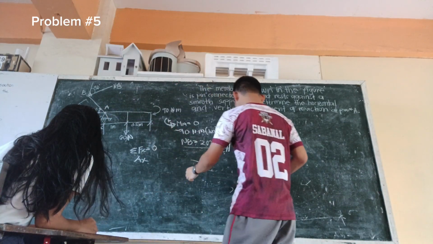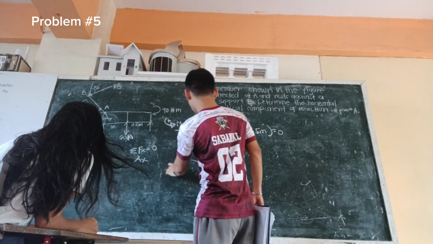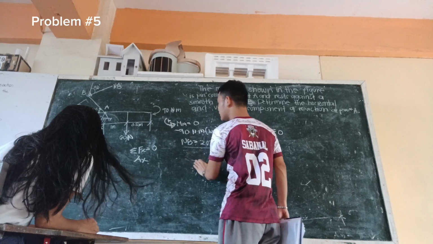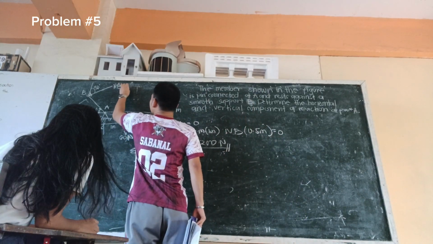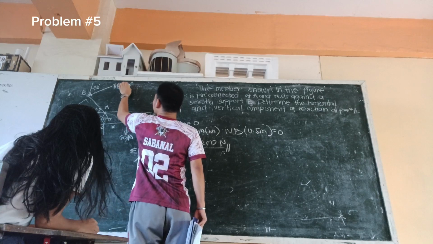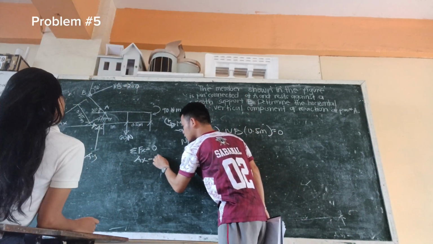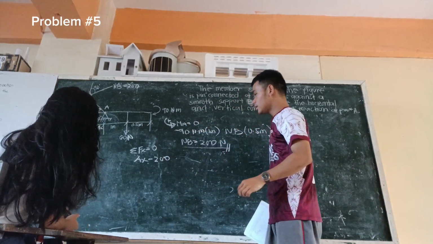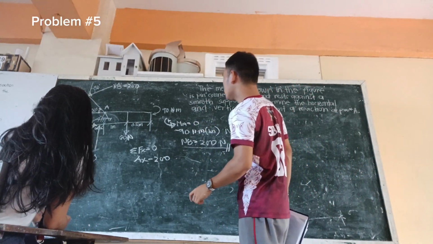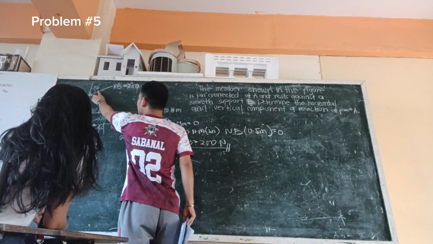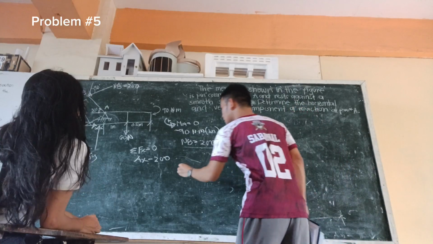So AX minus the magnitude of 200 newtons times sine of the angle theta of NB, which you can see in the figure is 30 degrees.